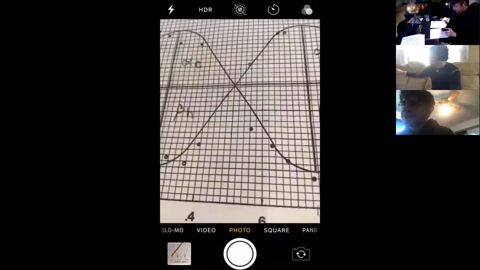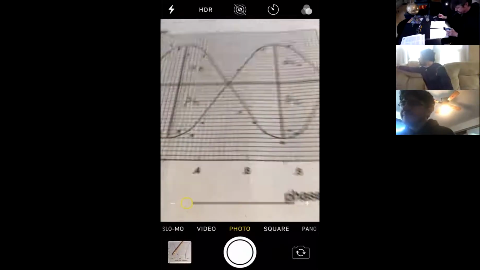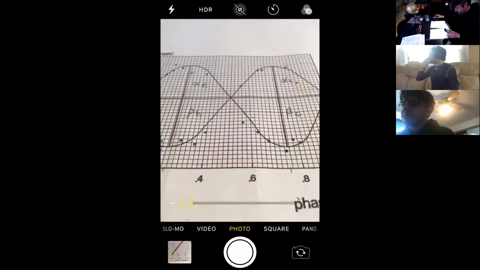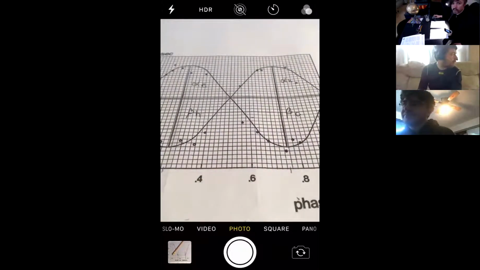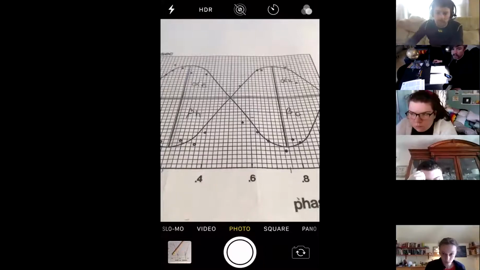Let me use my clicker here. Hey, I'm going to hide non-video. Shoot, I can't do that, can I? Oh, here we go. Video settings.